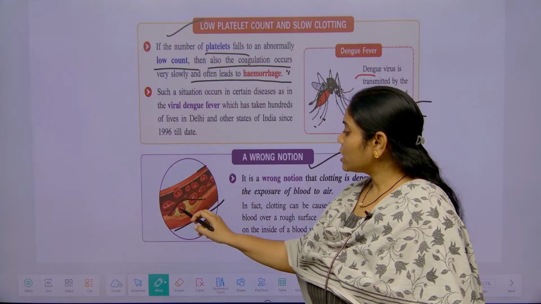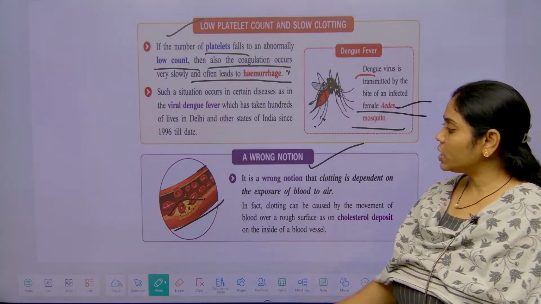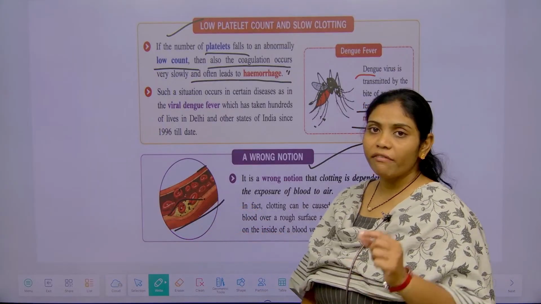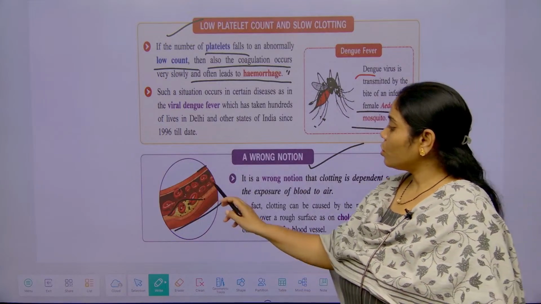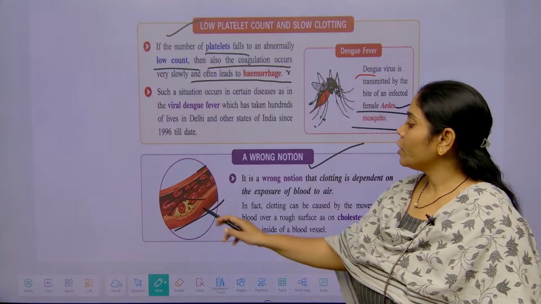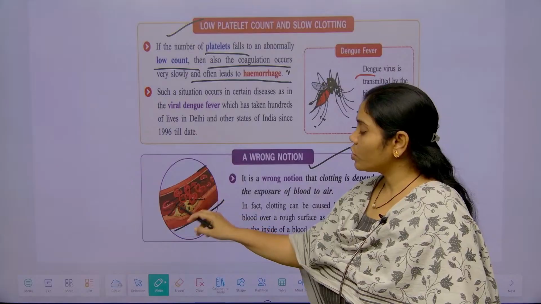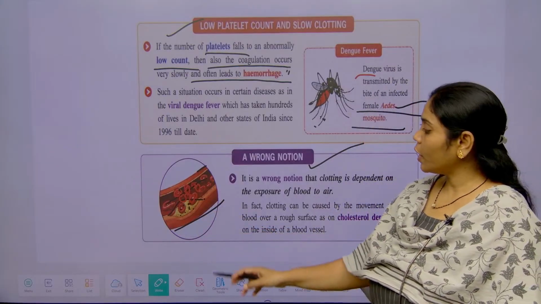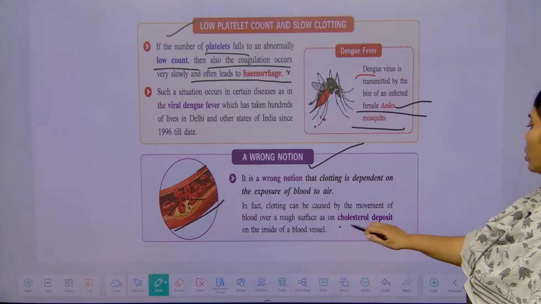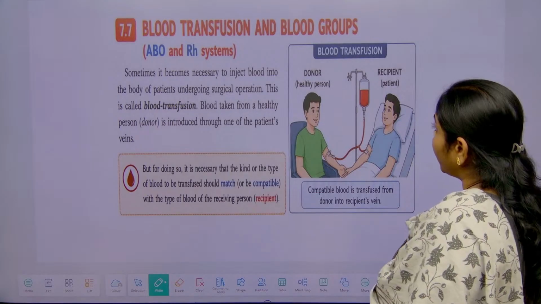Here the yellow colored substance is fat deposits or maybe calcium deposits. It narrows the blood vessel diameter, so the blood cells cannot pass freely. Sometimes they accumulate because of this narrow passage, and it leads to blood clotting. So, cholesterol deposits also cause blood clots.